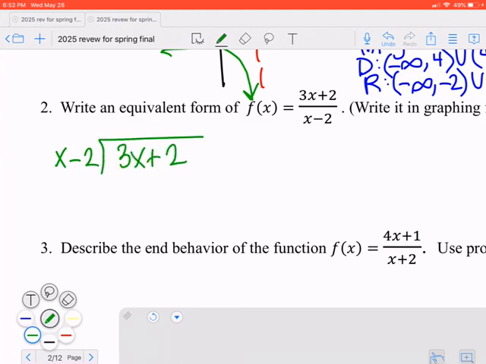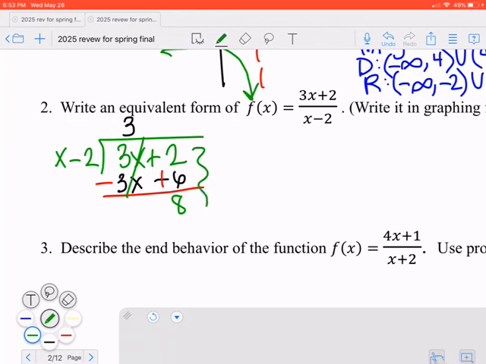3x plus 2. All right, so x goes into 3x 3 times. Now I multiply. 3 times x is 3x. 3 times -2 is -6. Then we have to subtract both of them, and if I subtract a negative, that's plus. I always called that draw the line, switch the signs. 3x minus 3x is 0. 2 plus 6 is 8, and that is our remainder.